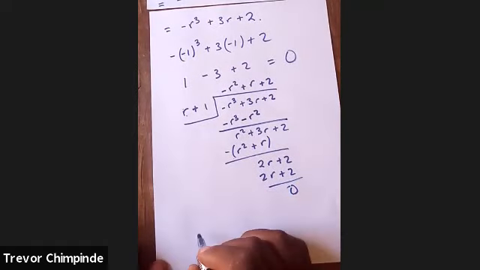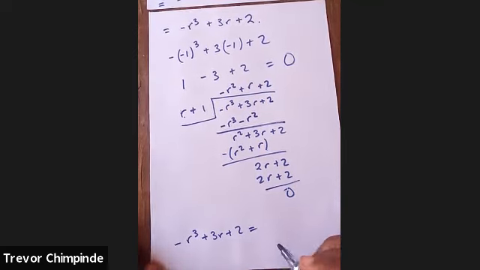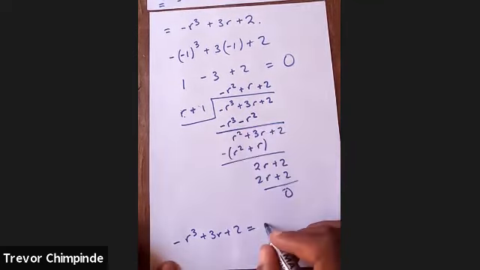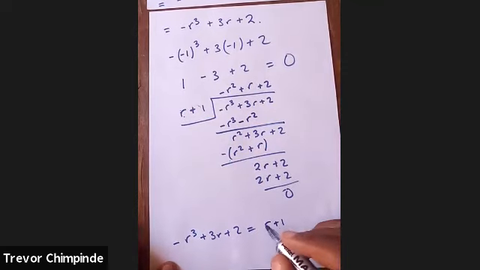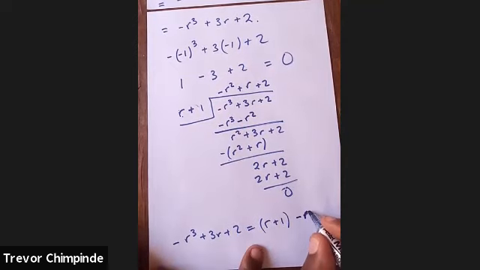So what this means is that minus r cubed plus 3r plus 2, this is a factor, so it's r plus 1. And then this is the quotient, so it's minus r squared plus r plus 2.